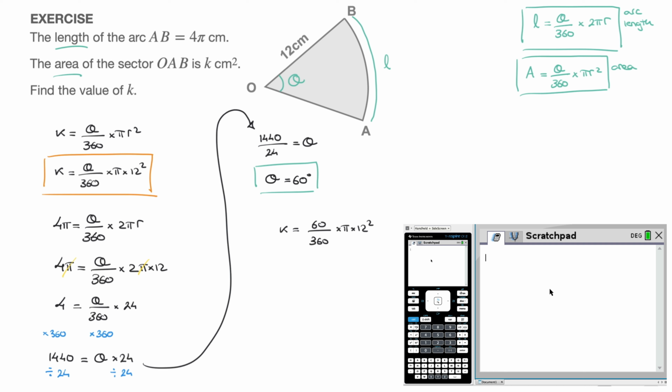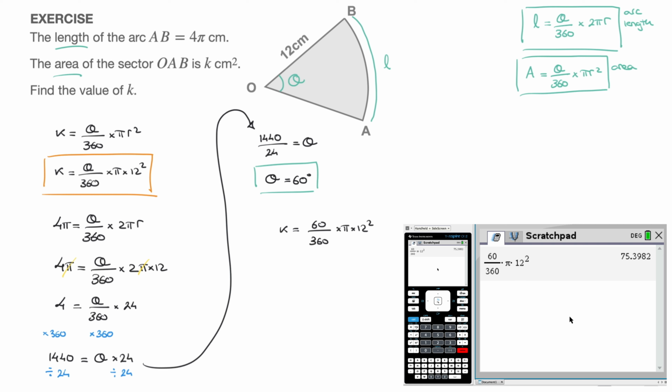That's 60 over 360, inside a pair of parentheses. I'll type 60 divided by 360, close the parentheses, times pi, and on this calculator there's a special button for pi right here. Times 12 squared, or 12 raised to the power of 2. I'm happy with all that, and I click on Enter.